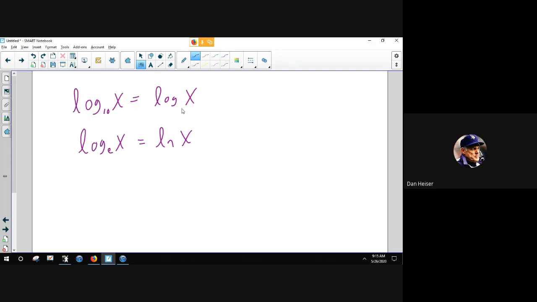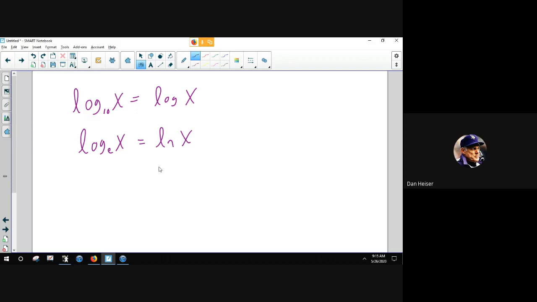If there's no base given, we assume it's base 10. And now here's our base e. I had mentioned in the last video, base e, the exponential function, e to the x, is used quite often in calculus.